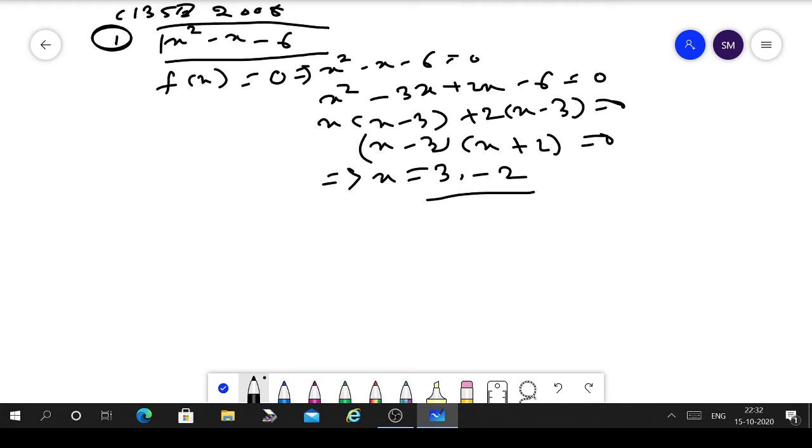Okay. Then question 2, this is also a CBSE 2008 question.